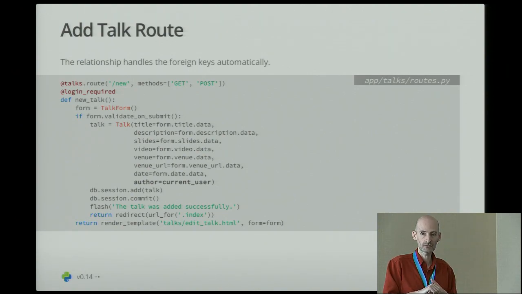I don't need any custom styles on my form. And then if the form validates, I just create a talk. I pass all the things into it as arguments in the constructor. All those things came with the form. And then I add it to the session and commit it. And I flash a message. So nothing new.